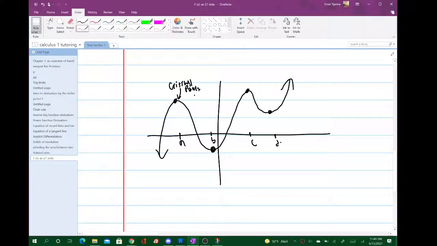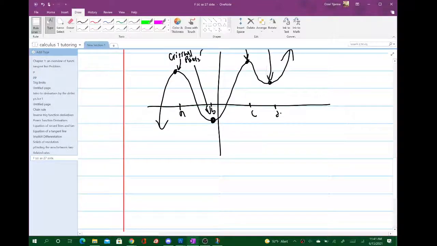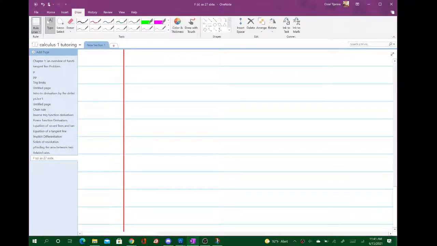All of these are where the local maximum or local minimum happens, or absolute maximum, absolute minimum. That is what a critical point is. Now, a critical point or a critical value is in terms of x. I think a critical point is in terms of x and y, but I'm not 100% sure about that.